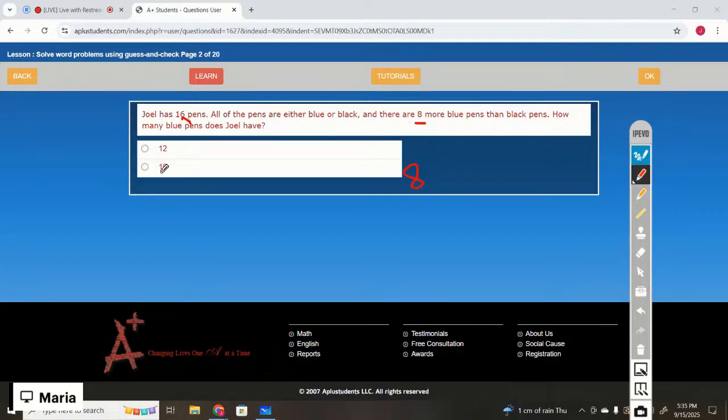Okay. Total are 16, right? So 12 blue pens and 4 black pens, because 8 plus 4 makes 8 more blue pens.